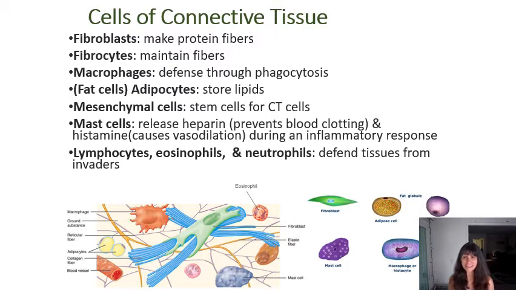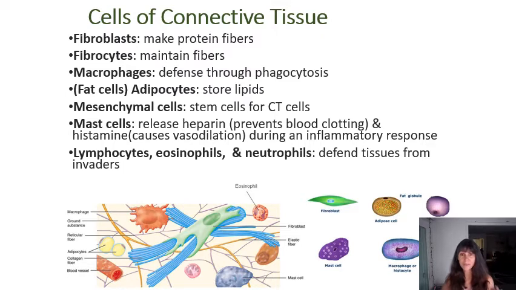Looking more closely at the cells involved in connective tissue, we see fibroblasts are responsible for producing protein fibers. However, once those protein fibers are produced, the fibroblasts turn into mature fibrocytes and maintain the structural integrity of those protein fibers.